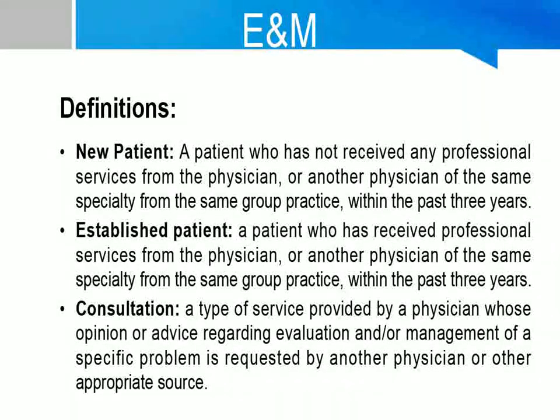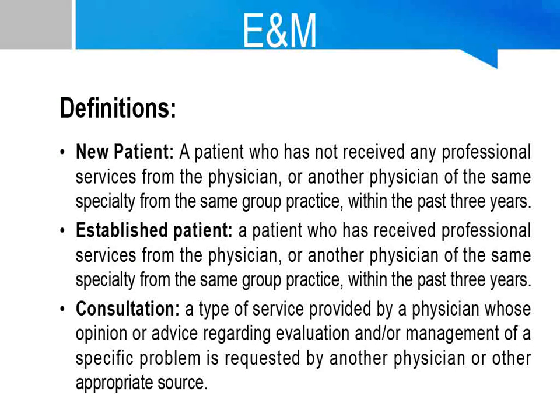Okay. Established patient is written the same way: a patient who has received professional services from the physician or another physician of the same specialty from the same group practice within the past 3 years. Just understand, it is the same specialty and the same group.